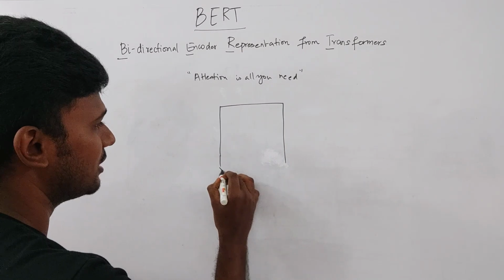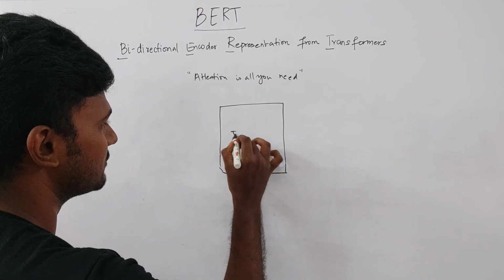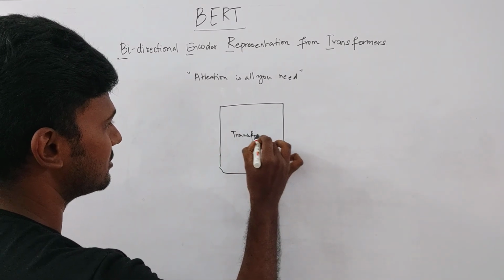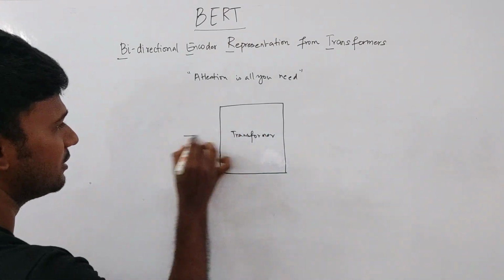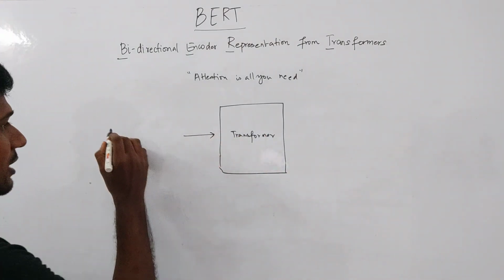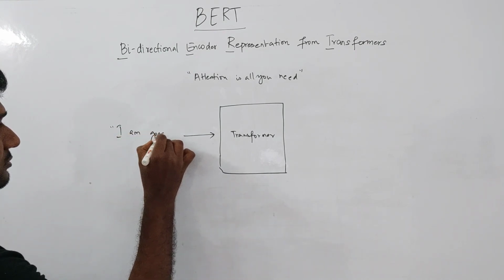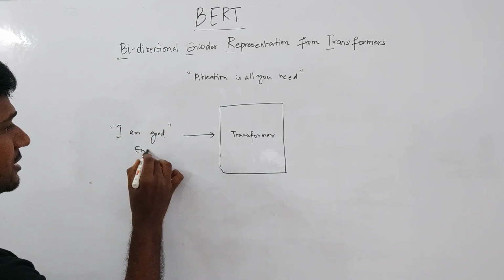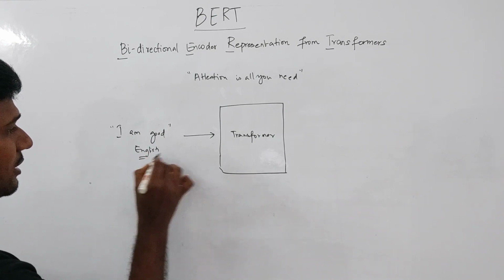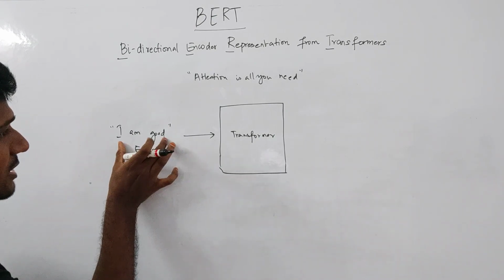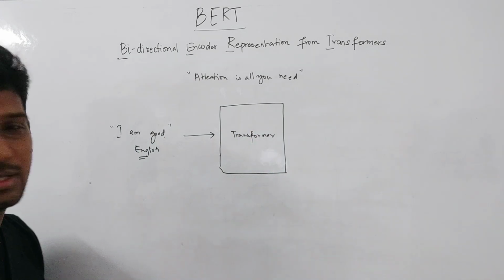So let's assume that this is the transformer, and we give an input sentence to this transformer. Let's say we give an English sentence like "I am good." The task is to convert this English sentence into a French sentence.